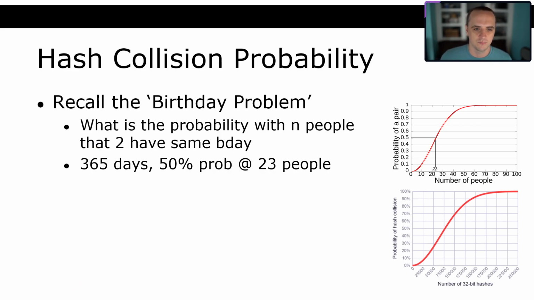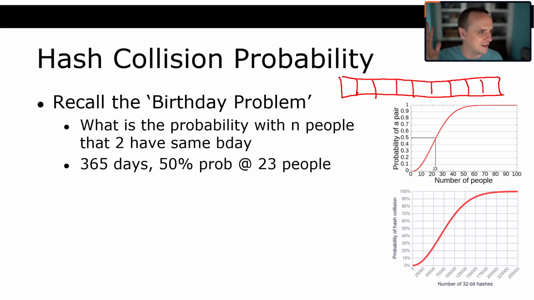And the reason for that is the following. Let's draw an example. Let's say this is all the possible birthdays: 1, 2, 3, 4, 5, 6, 7, 8. Let's say there's only 8 days of the year because I can't draw 365 things here. So let's take my birthday. My birthday falls on day 3, right?